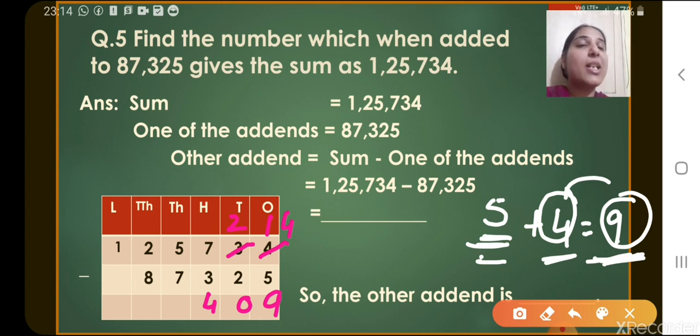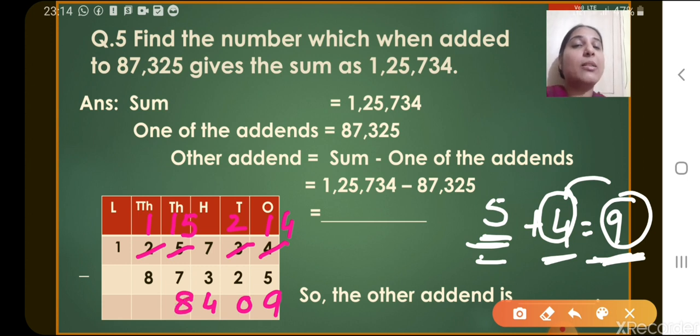Now look at the thousands column. 5 minus 7 is not possible. It means we have to borrow from the next place. So look at the digit at the 10,000s place, which is 2. We will borrow 1 from there, so 1 only will be left here, and the digit at the thousands place now becomes 15. So 15 minus 7, 8.